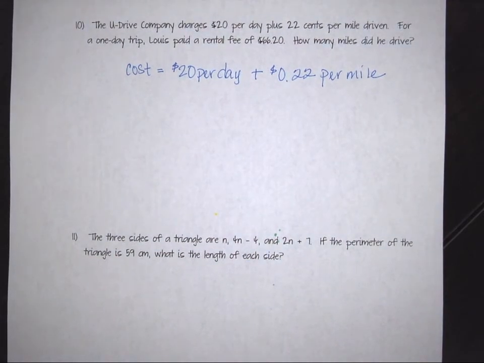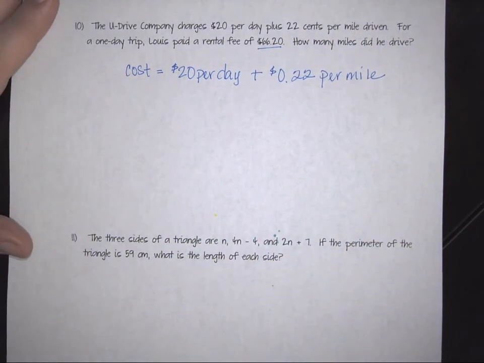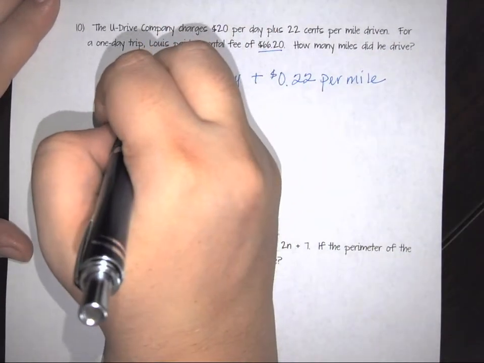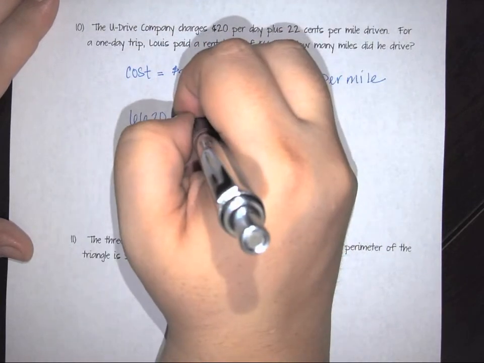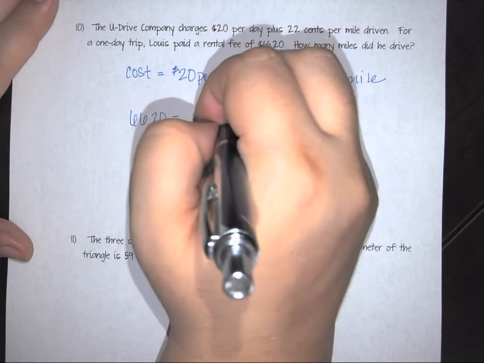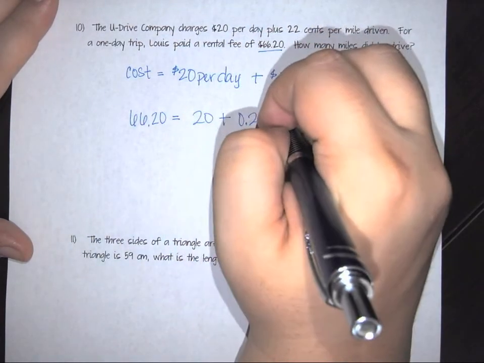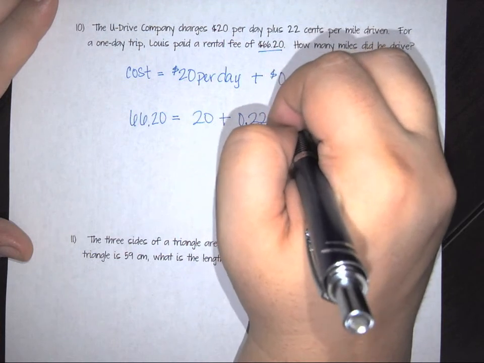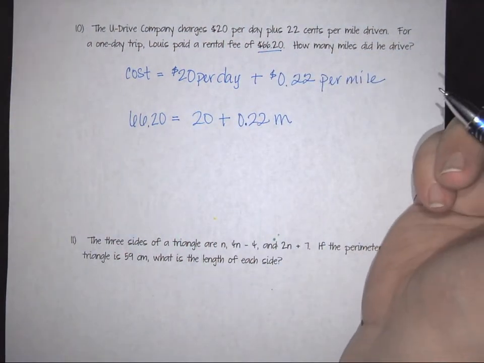Now the other thing that we know is that you paid a total fee of $66.20. So we have $66.20 is equal to 20 plus 0.22, and let's call it M for miles. So all we have to do is solve for M.